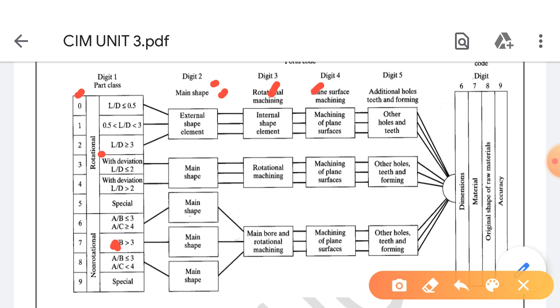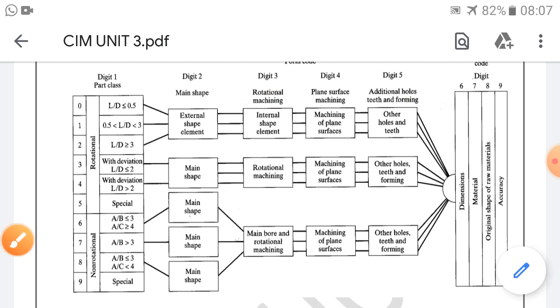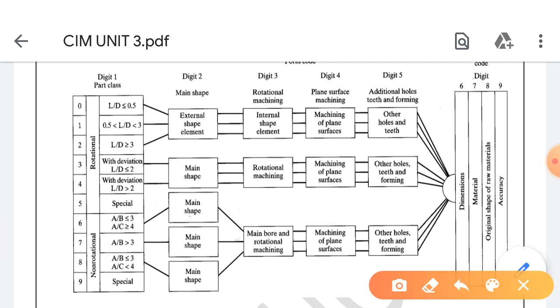Next, the fifth one is additional: additional holes, teeth forming. Sometimes there are additional machining operations, for example threading, internal threading, holes, boring, chamfering, fillet. That will be represented by this fifth digit.